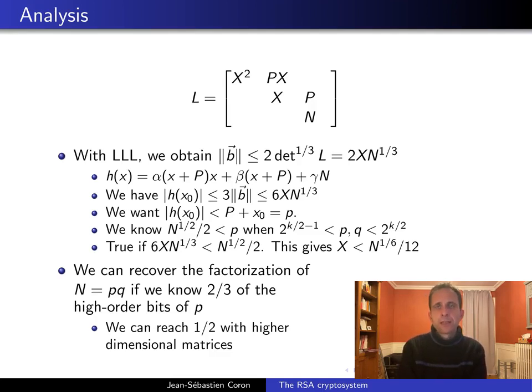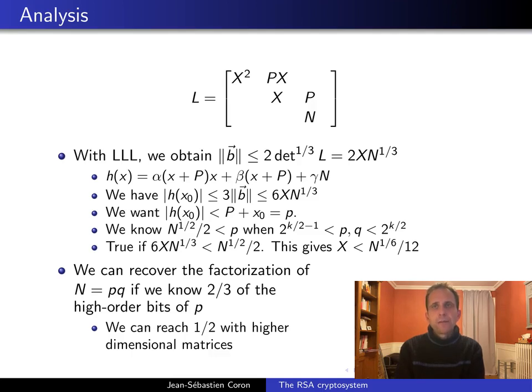So this means that to ensure that the previous inequality is satisfied, it is sufficient to make sure that this term 6 times x times n to 1/3 is strictly less than n to 1/2 over 2. And so this gives us the bound on x that we are looking for. So x should be less than n to 1/6 over 12.